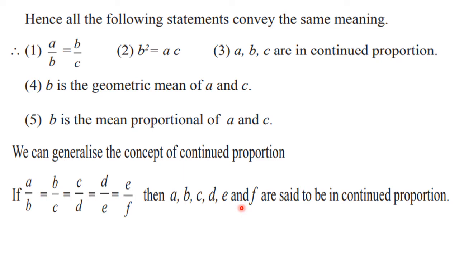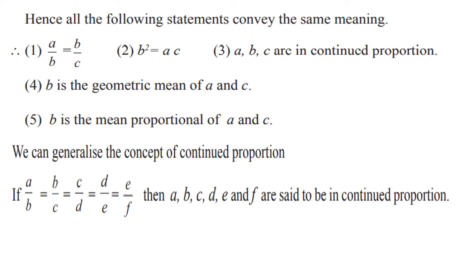Here we have 6 numbers, but we can have n number of numbers. The only thing is that the denominator of the first ratio is continued as the numerator of the next ratio. In that case it is called continued proportion. So in this way we can have many numbers in continued proportion. Okay. But generally we are going to study only these 3 numbers, that is A, B, C.